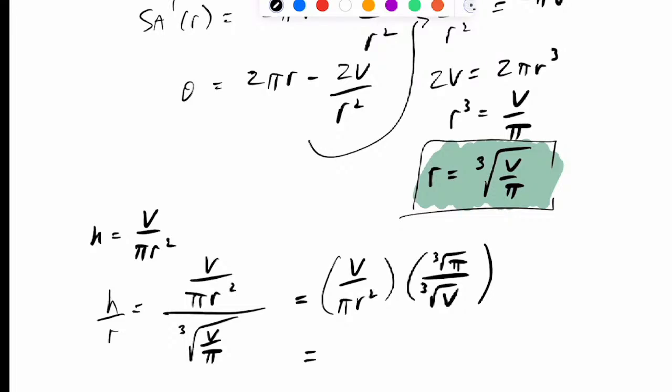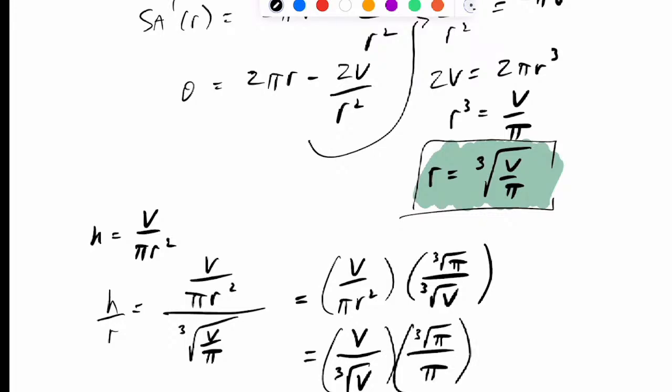So I end up getting v over the cube root of v times cube root of pi over pi and 1 over r squared.